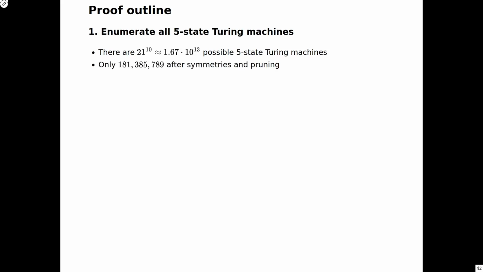It turns out that there are a lot of symmetries and pruning you can use here, and that knocks you down by 5 orders of magnitude. So you have around 200 million Turing machines.